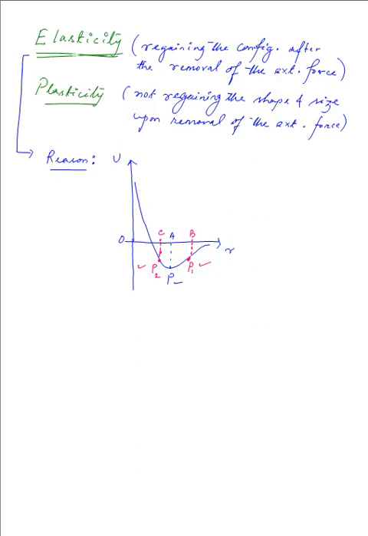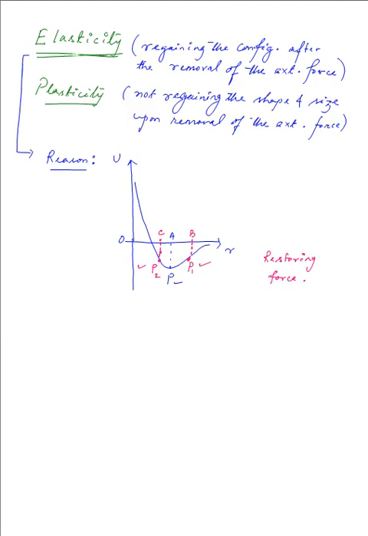Now, any force that is presented by the body itself in order to restore itself back into its original shape is what we term as the restoring force. So there is a restoring force which is an intrinsic property of the body, and that's the difference between the elastic body and the plastic body.